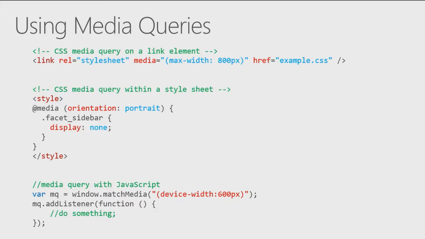And that call is simply going to allow us to attach an event handler to the device width 600 pixels in this case, which will fire when the device changes and its max width is 600 pixels. So if we're looked at by something that meets that requirement, we'll get an event. So that's very cool because that allows us both a programmatic and a declarative way to manage our responsiveness.